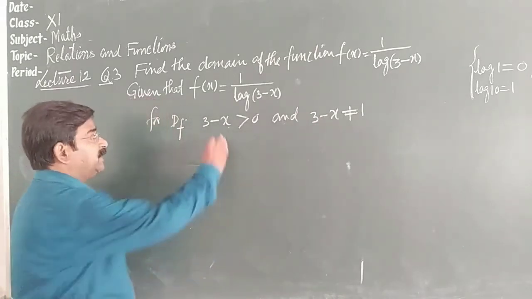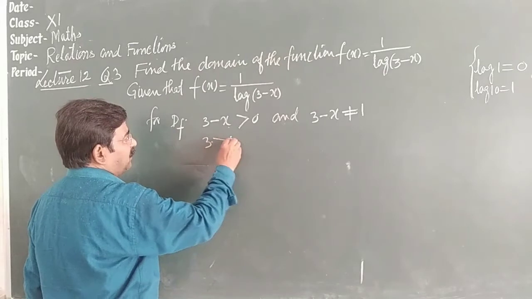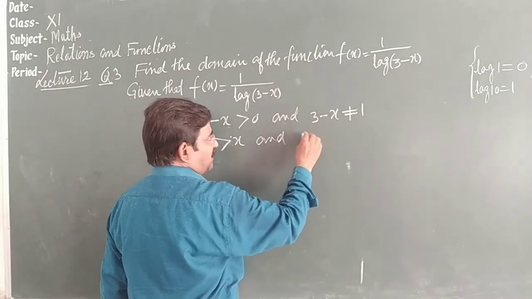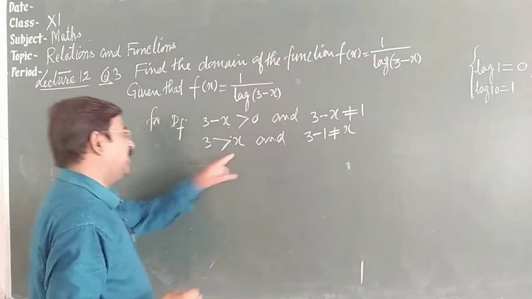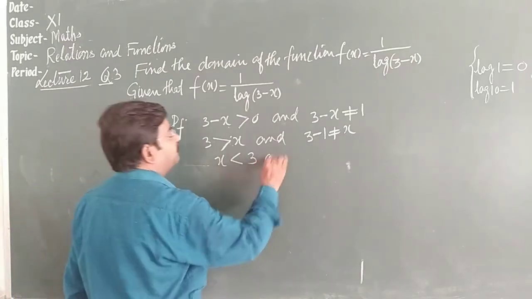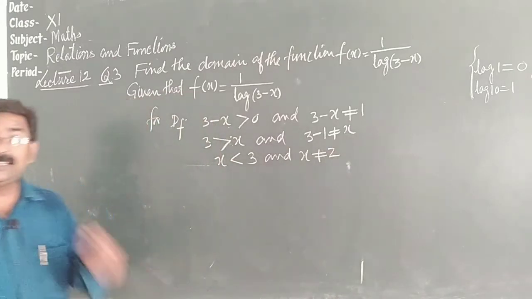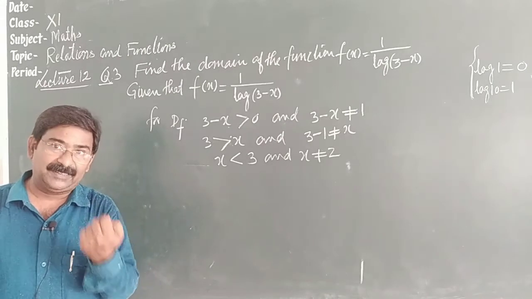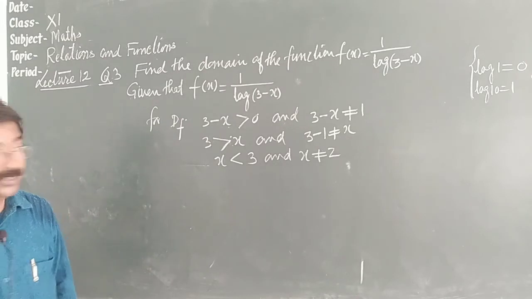Two cases. Send this x this side. So 3 is greater than x, and solve this, bring this one this side, 3 minus 1 is not equal to x. So here we have x is less than 3 and x is not equal to 2. Try to understand. x is less than 3, and 2 is also there, but 2 will not be included.